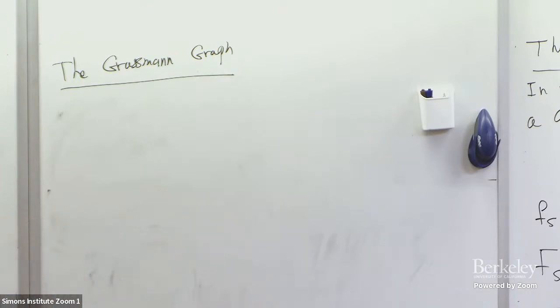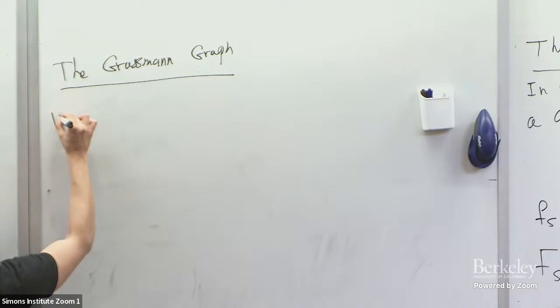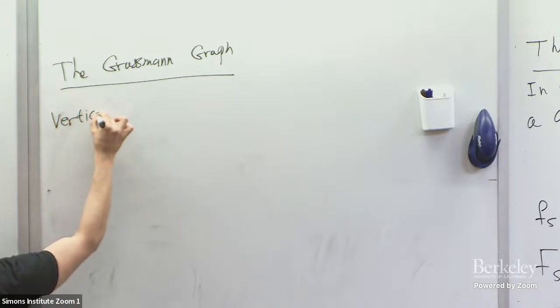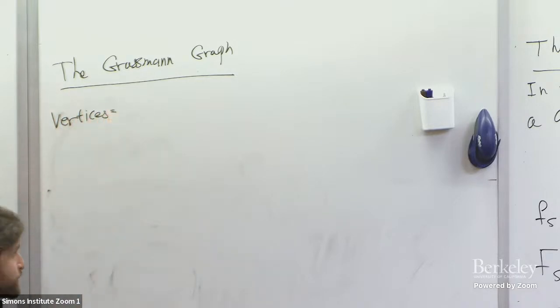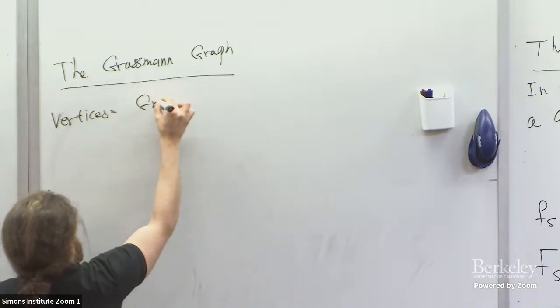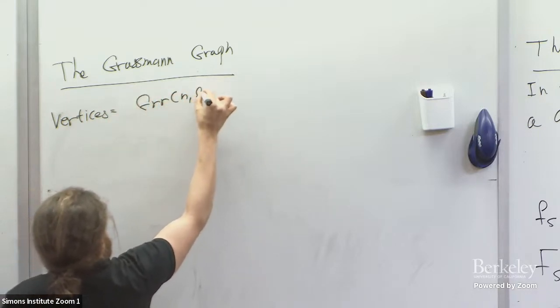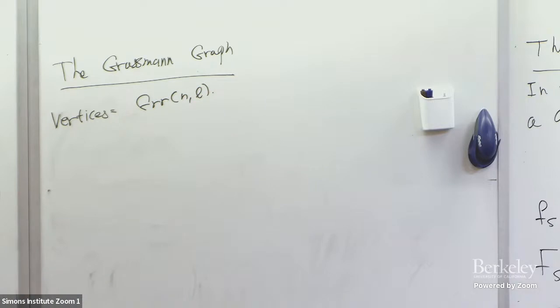In this case, it's fairly straightforward to see what the graph is because we specified the test very clearly here. So the vertices of the graph are all of the L-dimensional subspaces. The edges, well, there is an edge between L and L prime if they intersect in dimension L minus 1.